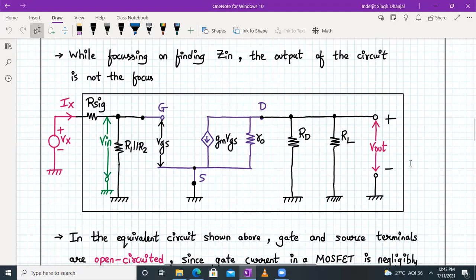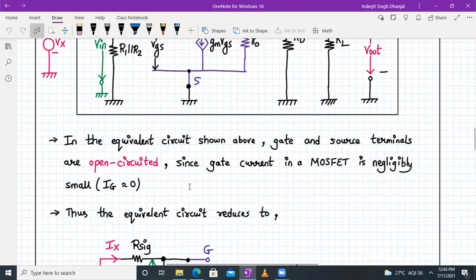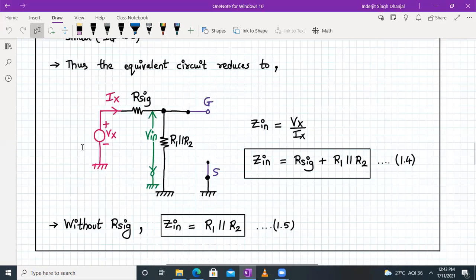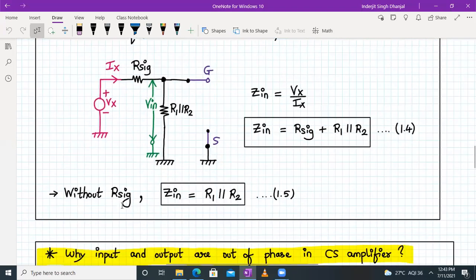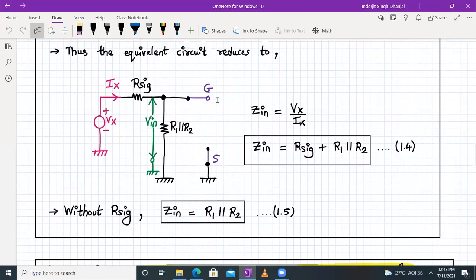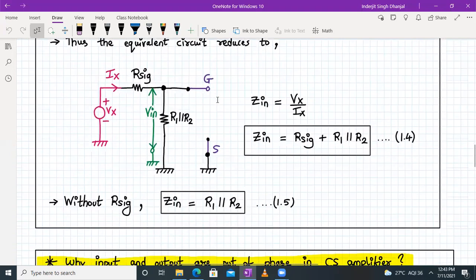And we are not concerned with the V out. So for finding the input impedance, your circuit reduces to such a simple network. So your Zin will be given by R6 plus R1 parallel to R2. And sometimes if R6 is also not given, your Zin is merely equal to R1 parallel to R2. So adopting this technique, the analysis of finding the input impedance becomes very simple.